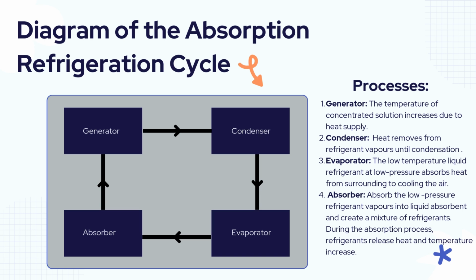Third, in the evaporator, the lower temperature liquid refrigerant at lower pressure absorbs heat from the surroundings to cool the air. Lastly, in the absorber, the low pressure refrigerant vapor is absorbed into the liquid absorbent, creating a mix of refrigerants. During the absorption process, the refrigerant releases heat and the temperature increases.